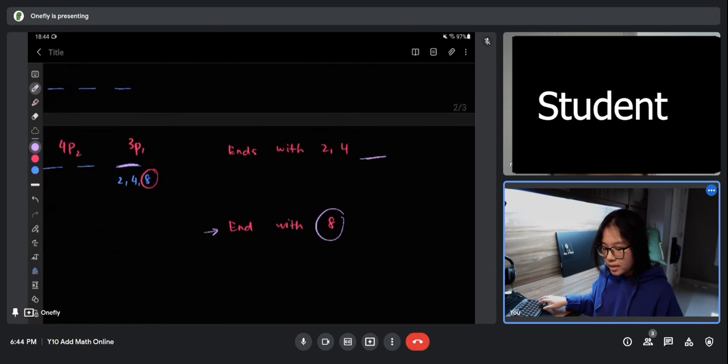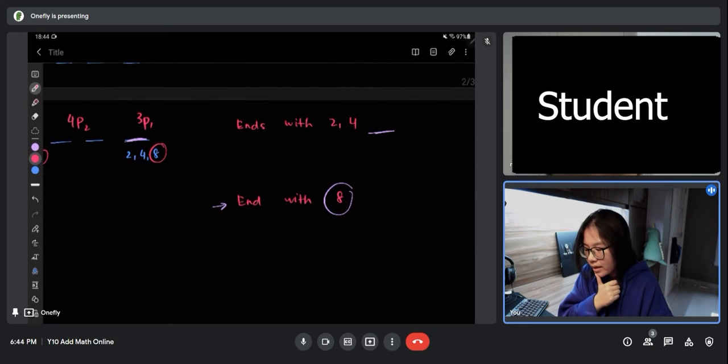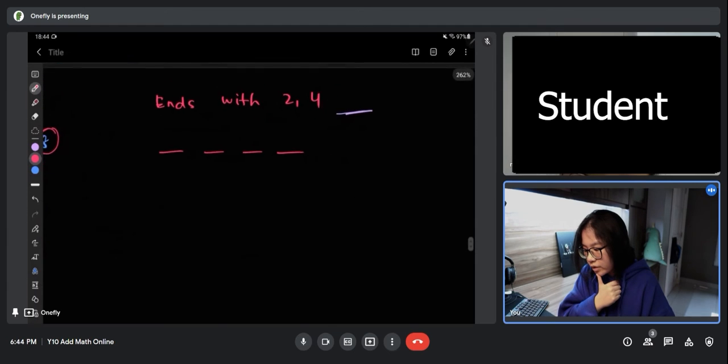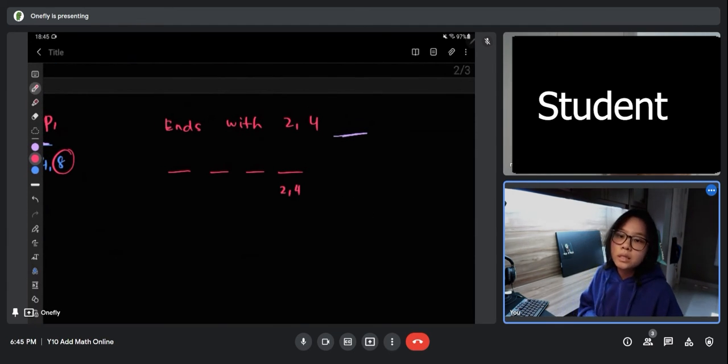After I have guided you up until here, do you want to try again? To make this more understandable, in these 4-digit numbers, my last digit, I just allow two options.